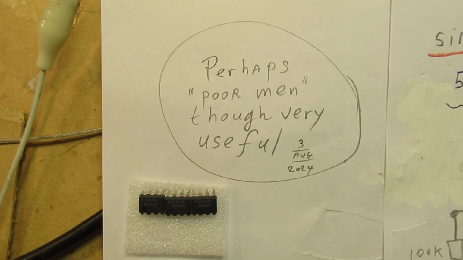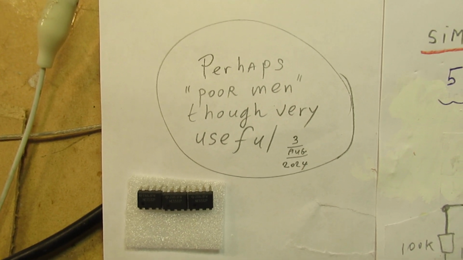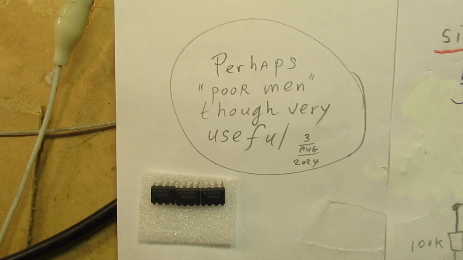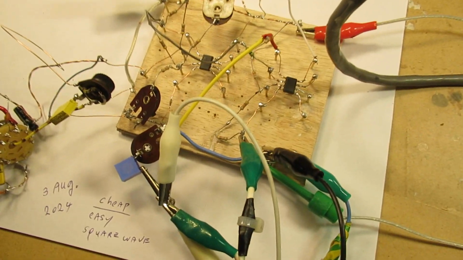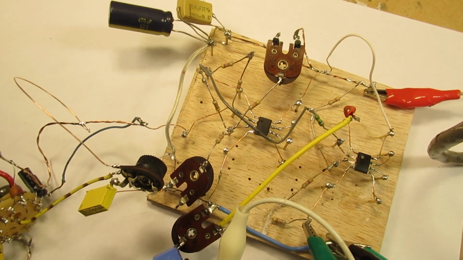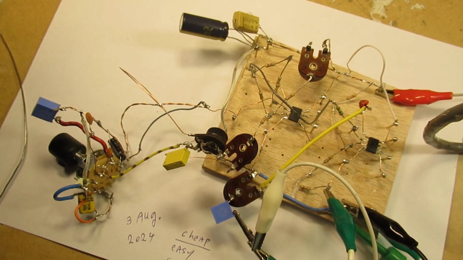In the past I have published on YouTube a square wave oscillator made with a TL71, but my idea was that this chip could be much better, especially because it had such a high frequency range.